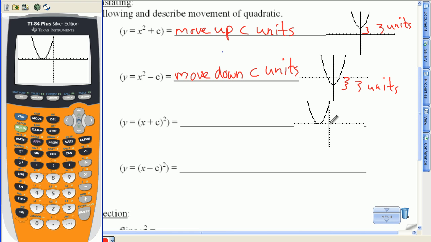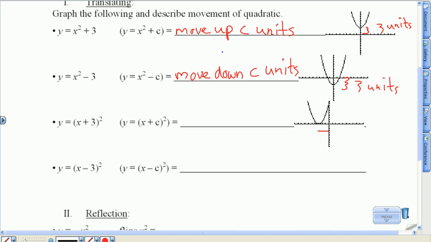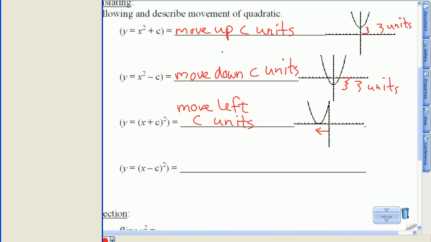In this particular case, we're going to move to the left. You'll notice the whole thing kind of occurs a little bit sooner. That's what plus 3 does. It makes every point happen 3 units sooner. So this is going to move you left C units.